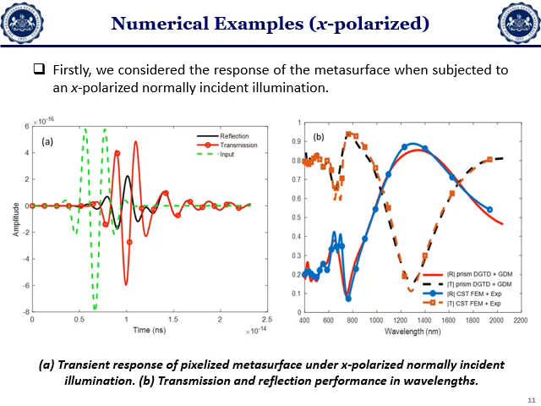So we got the transmission and the reflection performance in wavelengths. And on the right, we compare our simulated result with the CST commercial software, which uses the FEM method, and experimental data. We can see both of these results match well.